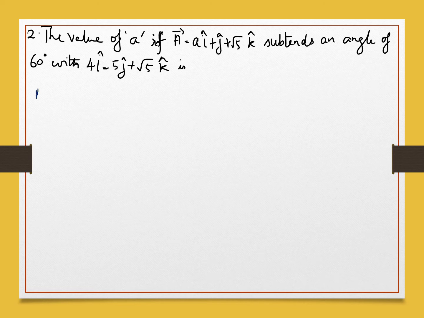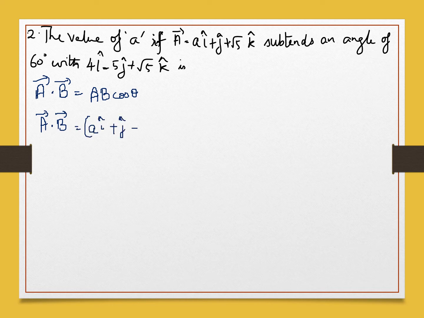a vector dot b vector is equal to ab cos theta. So a vector dot b vector is a i cap plus j cap plus root 5 k cap into 4i cap minus 5j cap plus root 5 k cap.